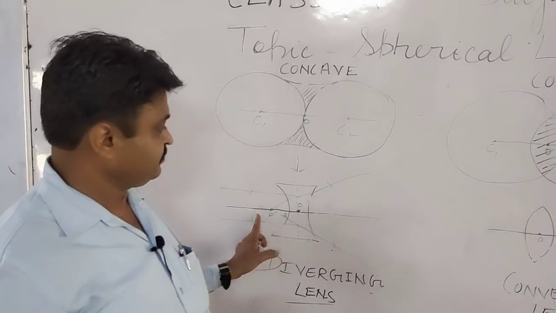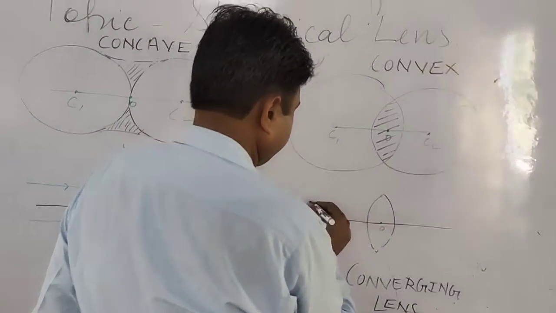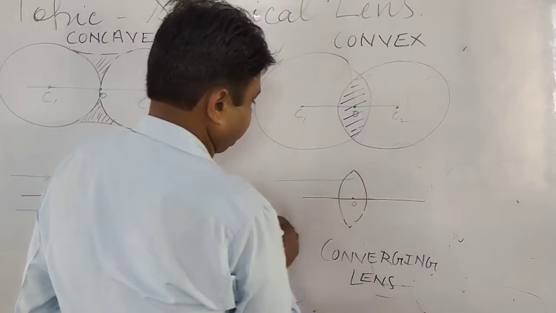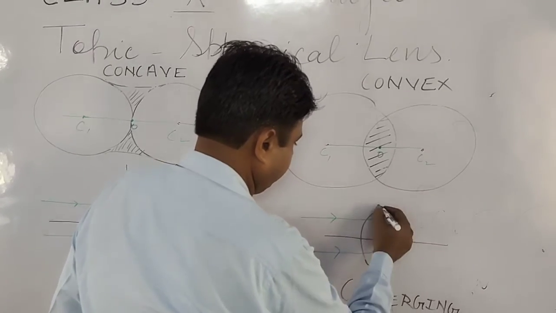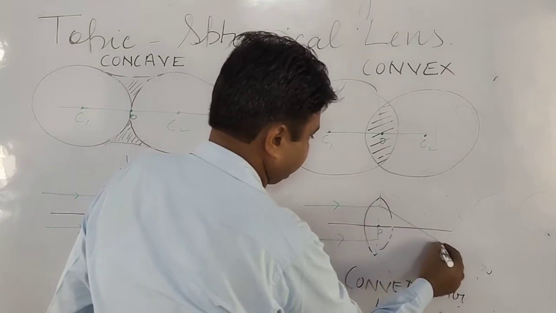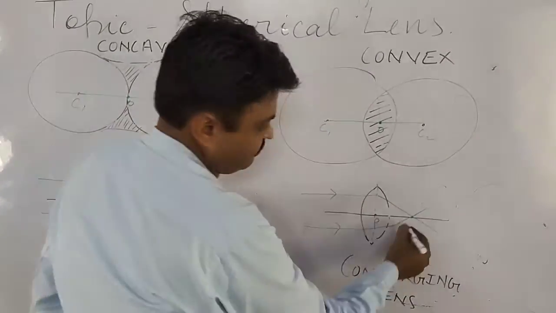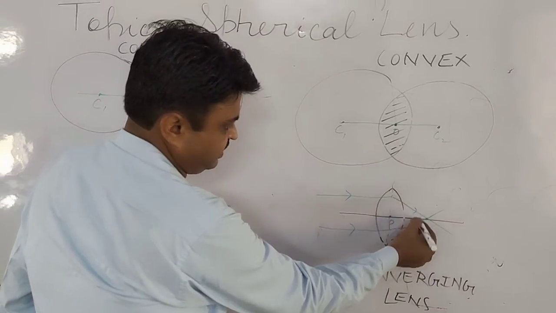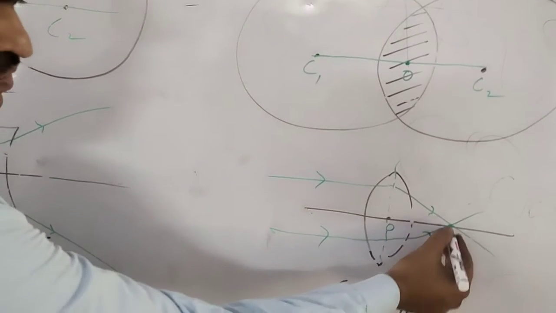Now we come to this lens. This ray is known as the incident ray, and this is the aperture. From here the refraction will take place, and here these refracted rays will meet each other, and it is the principal focus.